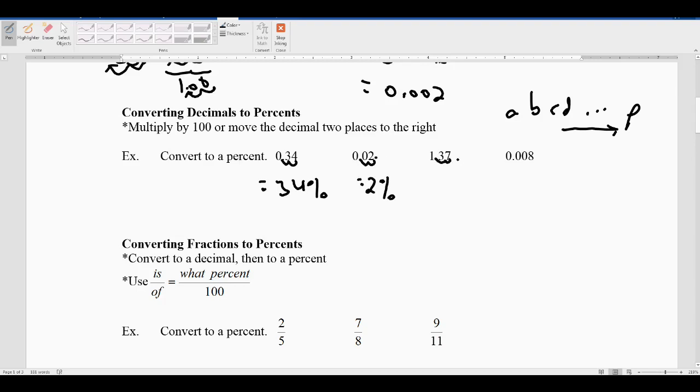How about 1.37? That becomes 137%. Yes, you can get percents over 100%. And then 0.008, let's move it 2 places to the right, and it becomes 0.8%. Yes, you can have percents that are less than 1.